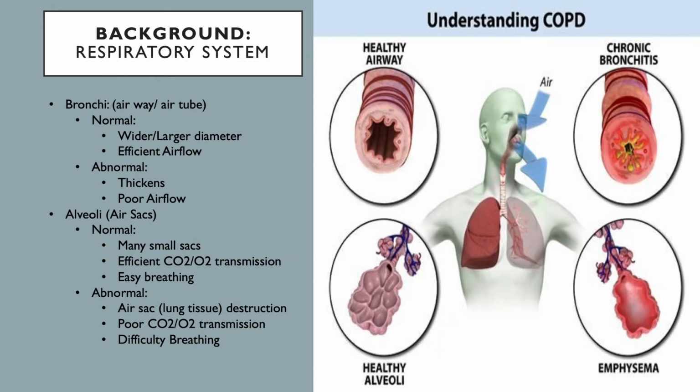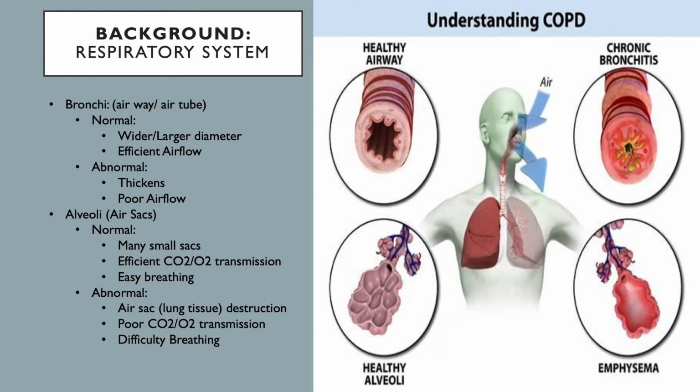A little background into the respiratory system and the more major parts in COPD are the bronchi, which again are the airways, air tubes. If you can see on this right-hand side picture, the top part are the bronchi. The top left is going to be the healthy airway, the healthy bronchi, and it is seen by wide, large diameter and also efficient airflow.